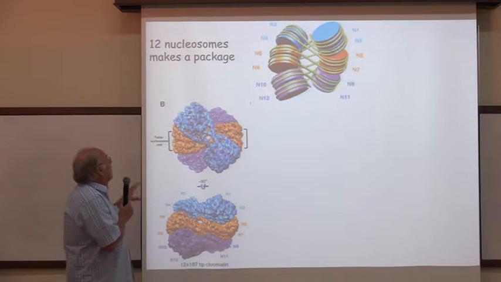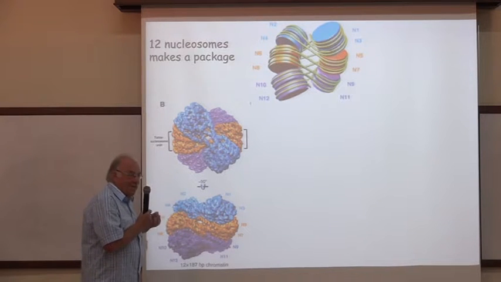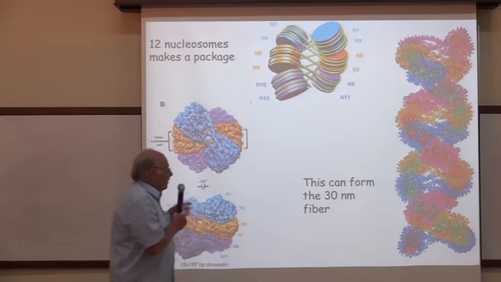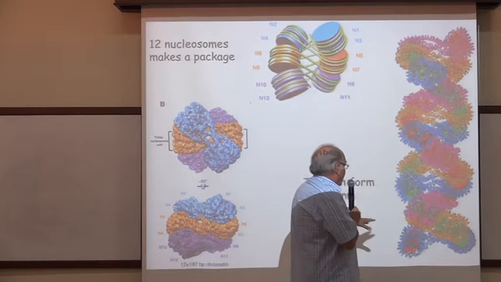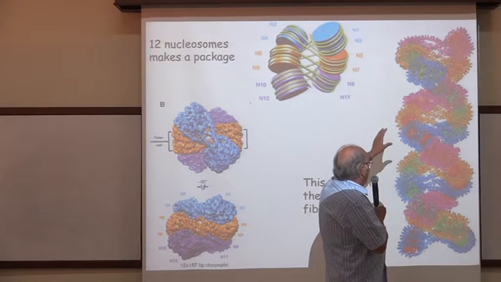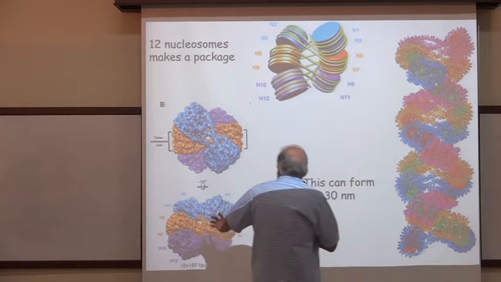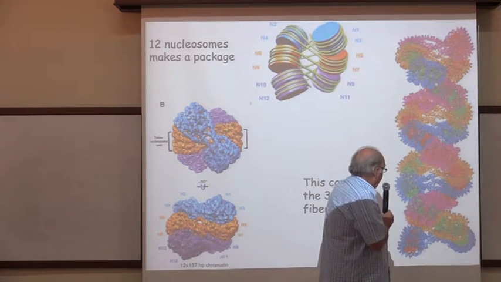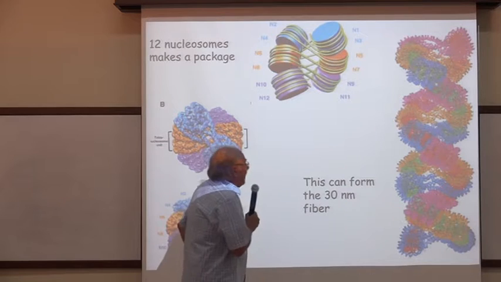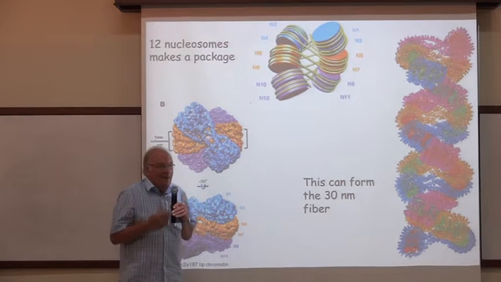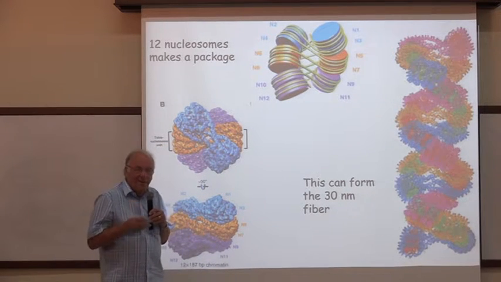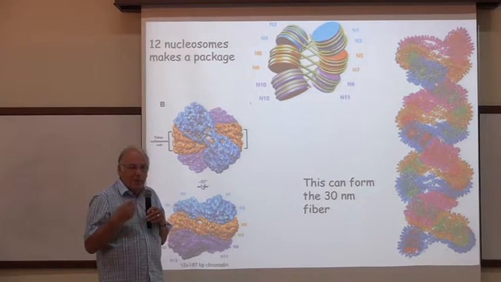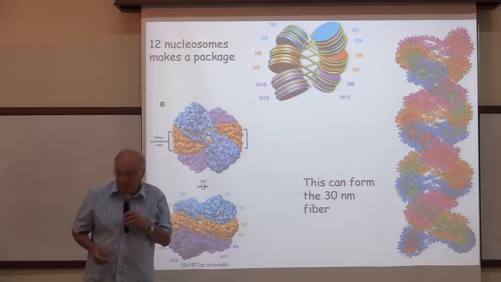So this is then 12 nucleosomes, the aggregation of 12 nucleosomes. And then you have the whole arrangement of the 30 nanometer fiber, continuing on this type of motif. So you go through the whole thing here. So there is then a fairly increasing understanding of the aggregation of the nucleosomes and packaging of the DNA into the cell.